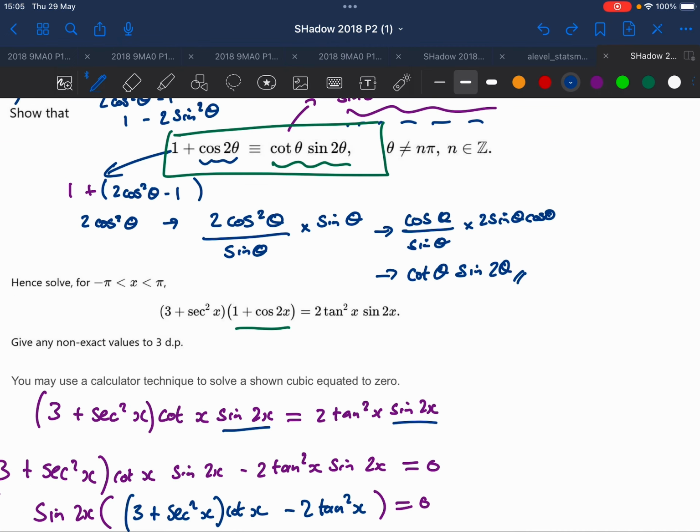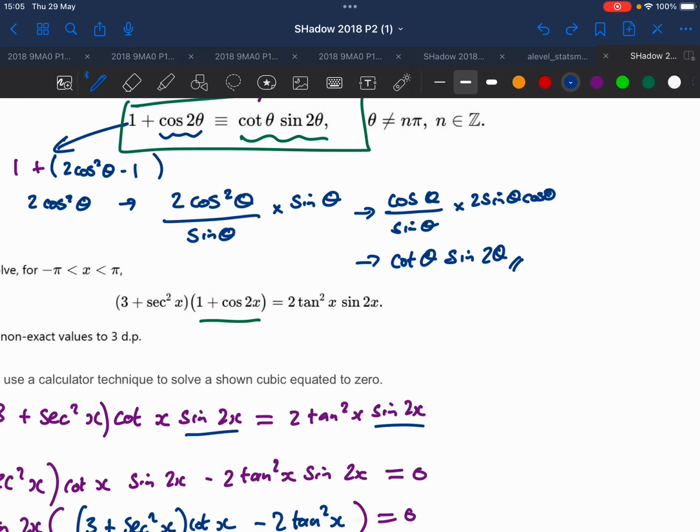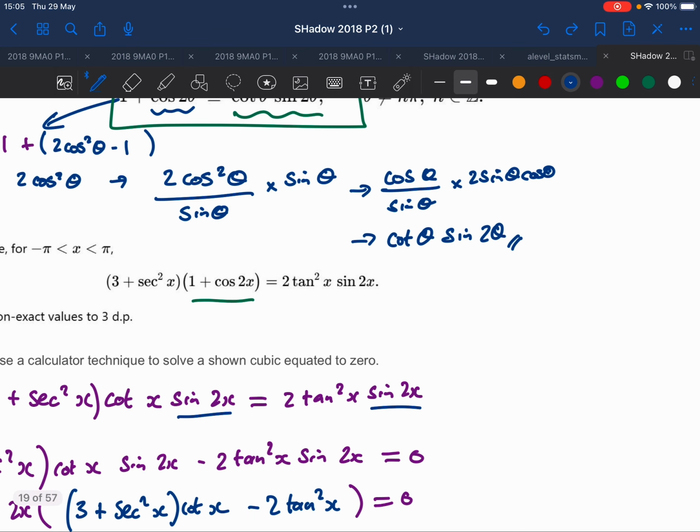So we're going to carry on now with this 3 plus sec squared thing. I'm just having a quick think about how I might want to work with this here. Well, let's expand the left side first, I think.